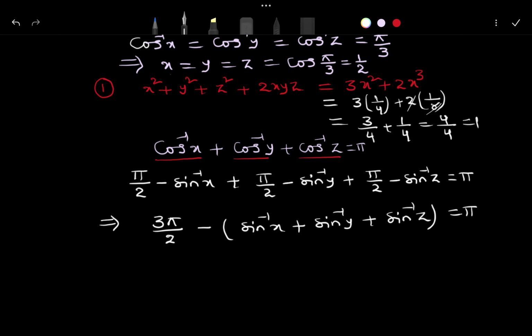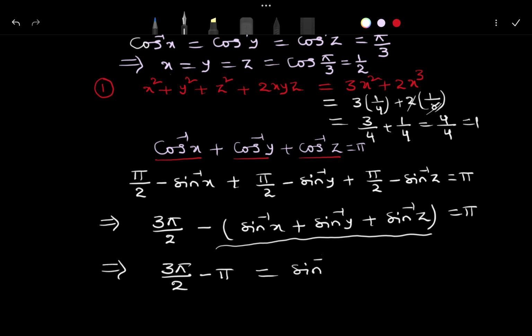Now write the sine inverse terms on the right side and pi on the left side, so this becomes 3 pi by 2 minus pi equals sine inverse x plus sine inverse y plus sine inverse of z.